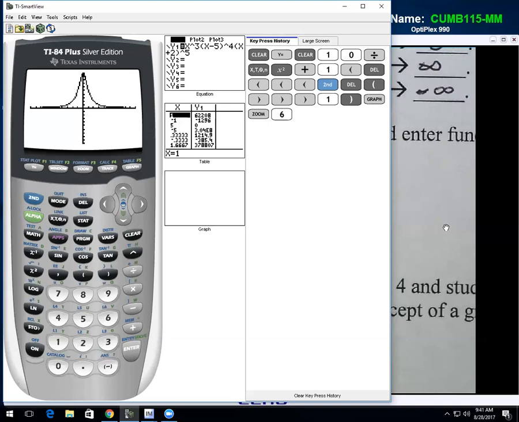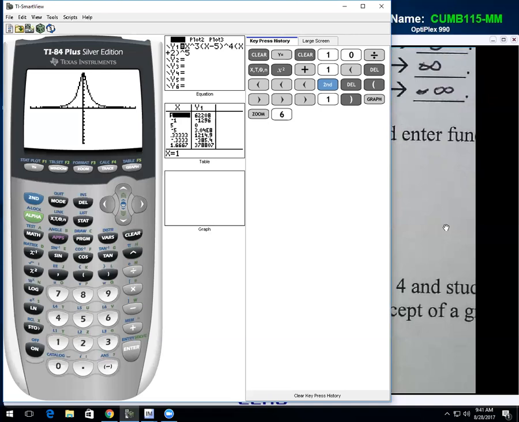Even if you let x be 0, the denominator is going to be positive. If you let x be positive, if you let x be negative, that's always positive. Since the numerator is positive, this is always going to be a positive divided by a positive. And a positive divided by a positive is a positive, and that's why you only have pieces of the graph in the first and second quadrant.